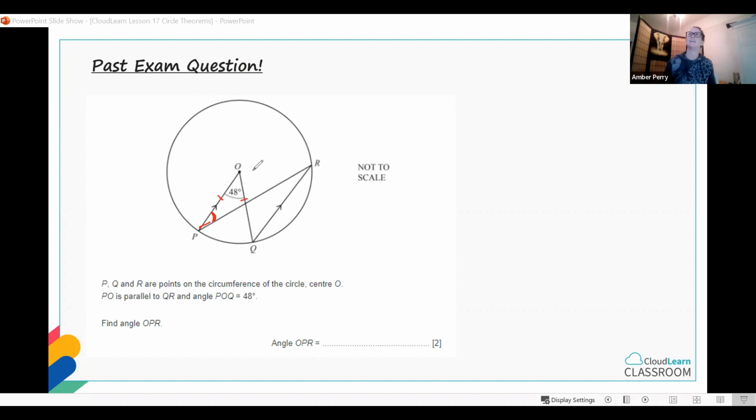It's not 48, because remember, this is at the center and this is at the circumference. They're not the same because the angle at the center is twice the angle at the circumference. So just be really careful with that one.